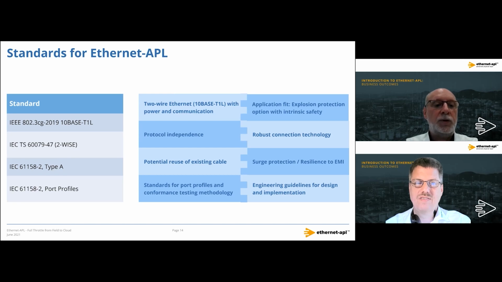And soon we will have an extension of the IEC 61148-2 standard by the port profiles. This standard ensures that we have protocol independence, that it's robust, and we can reuse existing cable, and we ensure the interoperability between the devices, as well as easiness of installation and commissioning of an Ethernet APL network.